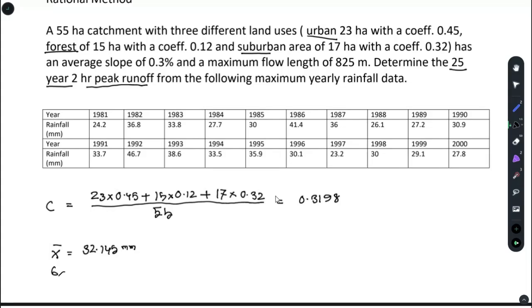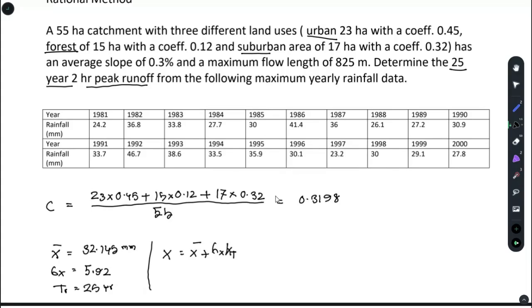You get the standard deviation for the sample, that is 5.92, and you have the return period of 25-year, and for that you will get x as x bar plus sigma x kt.